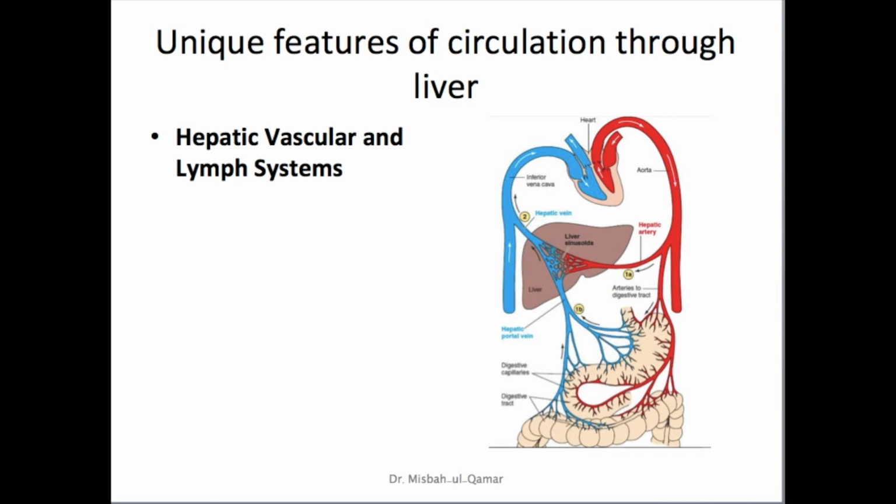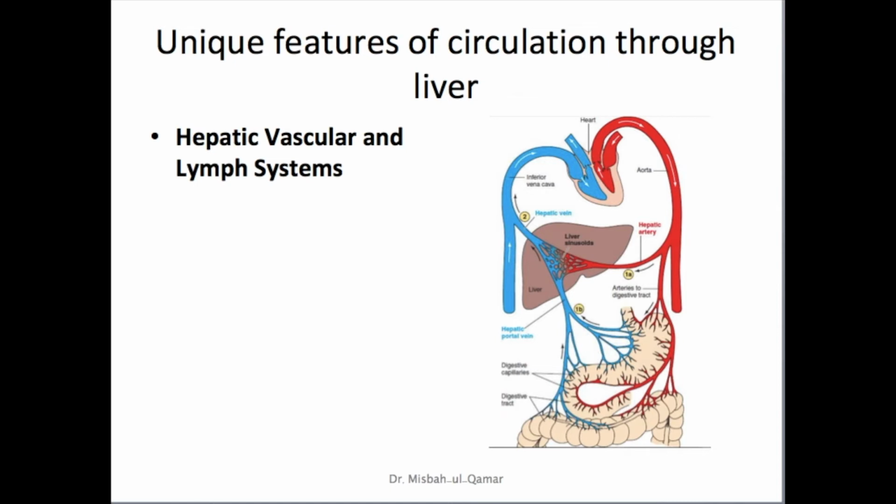Well, the unique features of circulation through the liver lie in hepatic vascular and lymph systems. You see, blood flows through the liver from the portal vein and hepatic artery. And the liver has high blood flow and low vascular resistance.